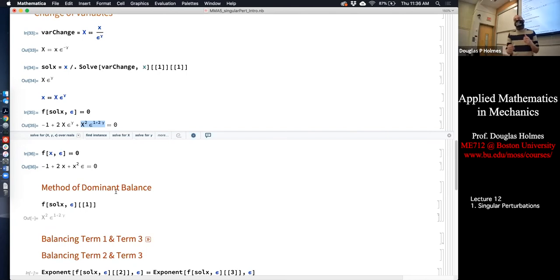So what we're looking to do is to find a value for gamma that ensures that as epsilon gets small, this term is a dominant term in our equation, which means it's a really large value. Whereas before, you recall, as epsilon got smaller, that term went to 0, so it was not a dominant term. It was taken over by these two terms.